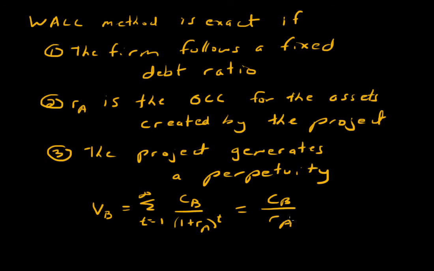Okay, what does it mean when you have a target debt ratio policy? Let's think about that a little more. Well, if the firm fixes the debt ratio, so it's always targeting that debt ratio, it must be the case that any new debt issued to finance the project must equal lambda d times the value of the assets created by this new project.